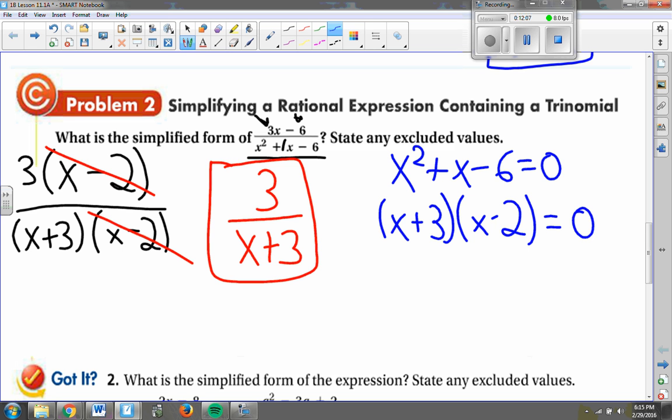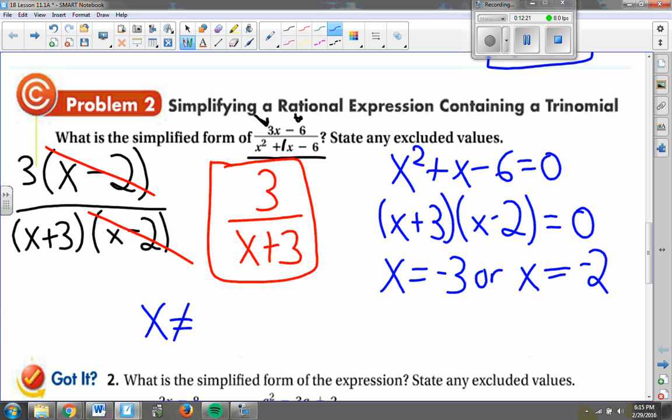So x can equal negative 3 or x equal positive 2. Which means for my excluded values, x cannot equal negative 3 and x cannot equal a positive 2 here. Excuse me, this should be a positive 2.